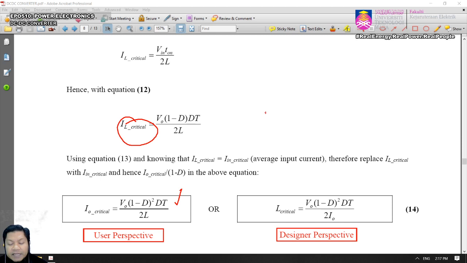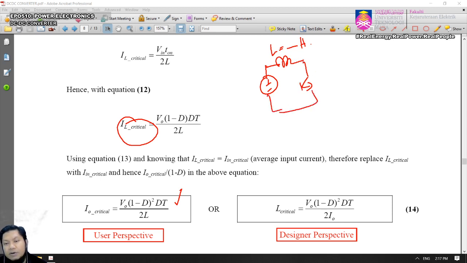Okay, so if you buy a boost converter, you find out that the L has a certain value in Henrys, and you already know the switching frequency that the converter has, Fs equals to 2 kilohertz. For example, it can be 5 kilohertz, can be anything, right?